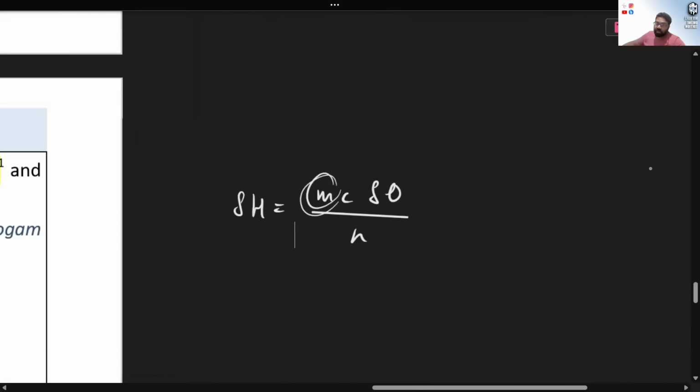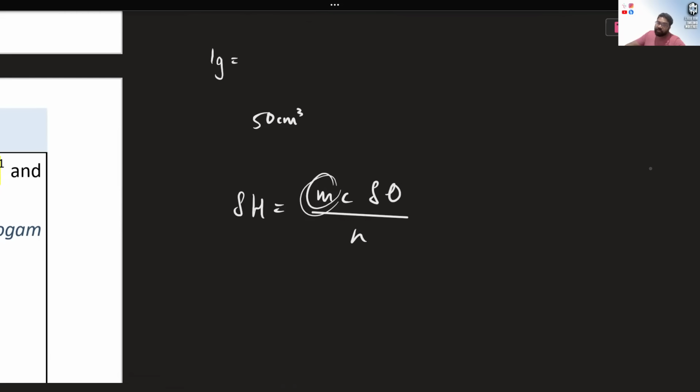They should give you the density, or if not, you can assume the density is 1 gram to 1 centimeter cube. So 50 centimeter cube is 50 grams. So you use 50 here, because your c will be in joules per gram. So it will be 4,200 joules per gram.